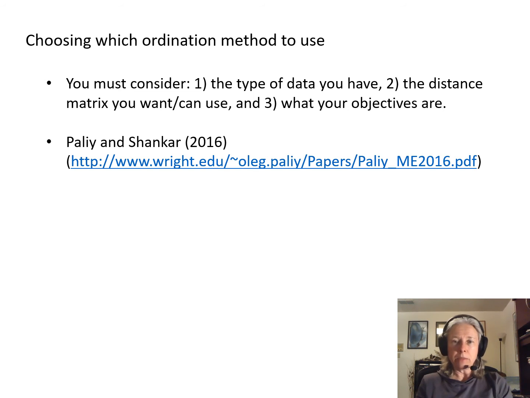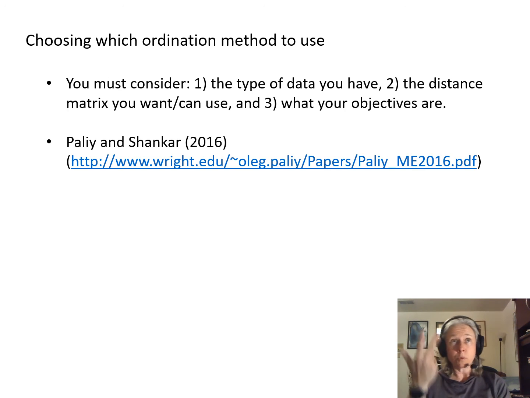So in the online notes, I had a reference to a paper. This paper right here is in Molecular Ecology, and it's about microbial communities. But it's really kind of a review paper that says, okay, hey, look, in microbial communities, we've got a boatload of data. We've got a lot of species, and a lot of sites, and we've got a lot of potential environmental variables.